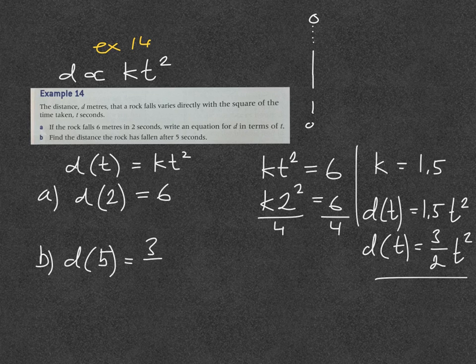So we have 3 halves multiplied with 5 to the power of 2, which is 3 halves multiplied with 25, and this is going to be 37.5 meters.